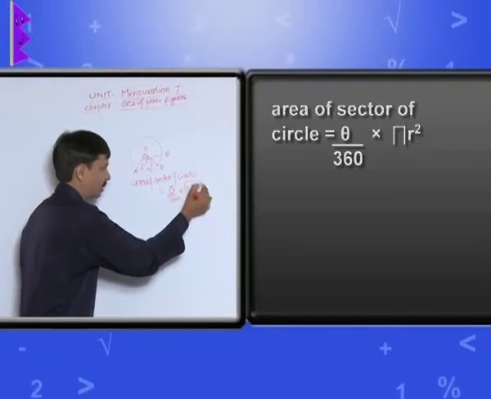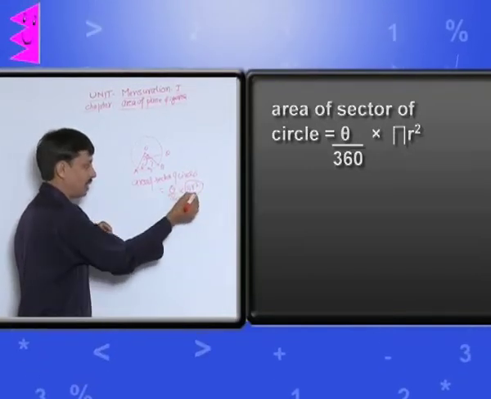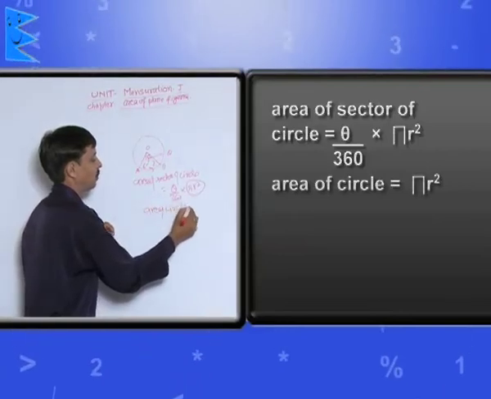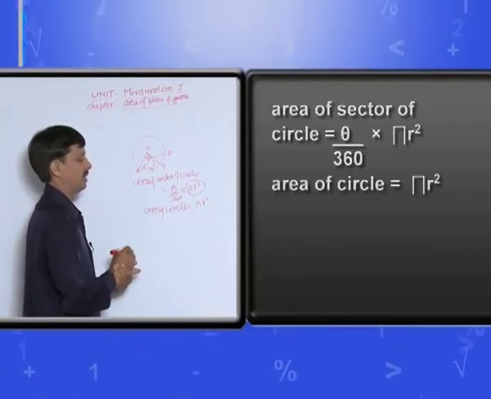You must know what pi r square is, the area of a circle. So you can memorize the area of a circle's formula, it is pi r square.